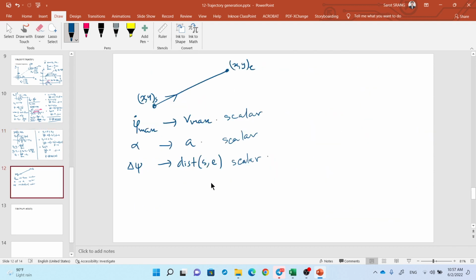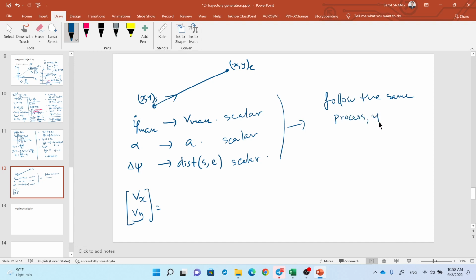But finally, when you want to generate a velocity that has an x component and a y component, you can generate, let's say, v of t, but v here is a scalar, and then we want to get the velocity in a specific direction.